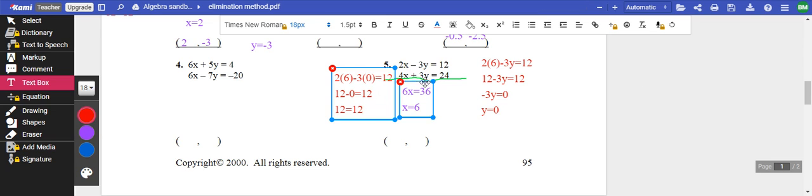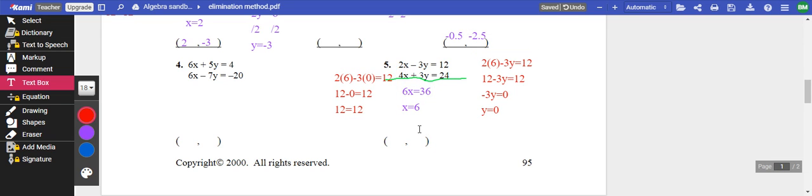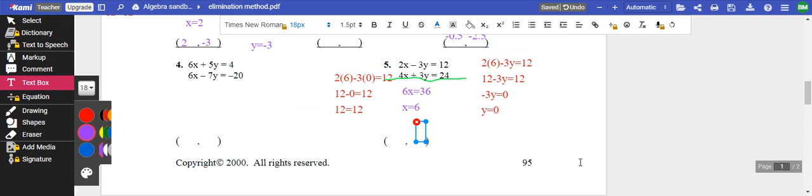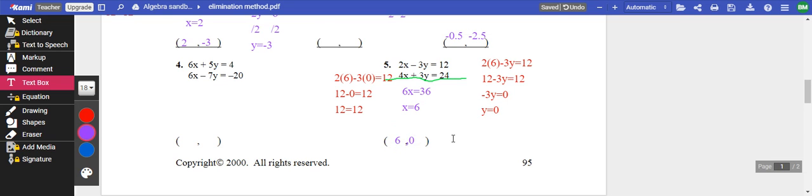If we stuck it in the second one, you could see that it works as well. Okay, so again, my final answer, make sure you put the 6 first, then the 0. Now maybe we can do a little space in here and I can move it where it's supposed to be. There we go. So those are some examples of elimination methods.